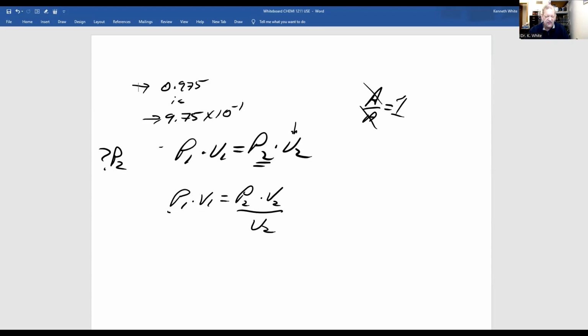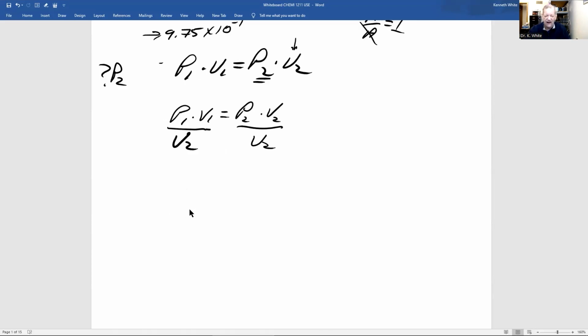Whatever you do to one side, you have to do to the other. Otherwise, you're not going to get the right answer. I divide this side by V2, I have to divide that side by V2. Anything divided by itself is number 1. 1 times P2 equals P2, and the other side is P1 times V1 over V2.